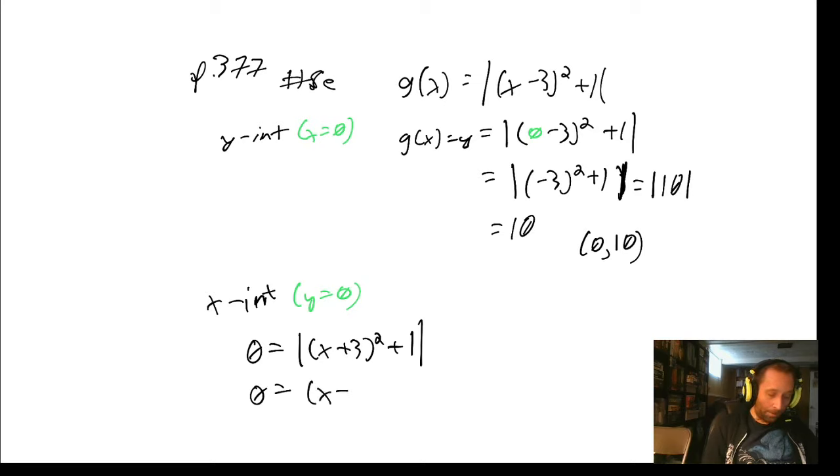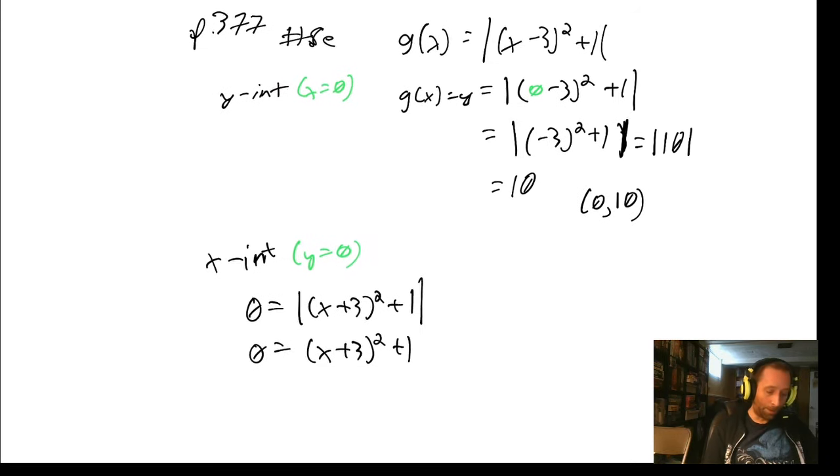And as I went over in one of the lessons, that's the same thing as this. 0 equals x minus 3 squared minus 1, because it doesn't matter whether the 0 is negated, it's not going to change anything after that. All right.